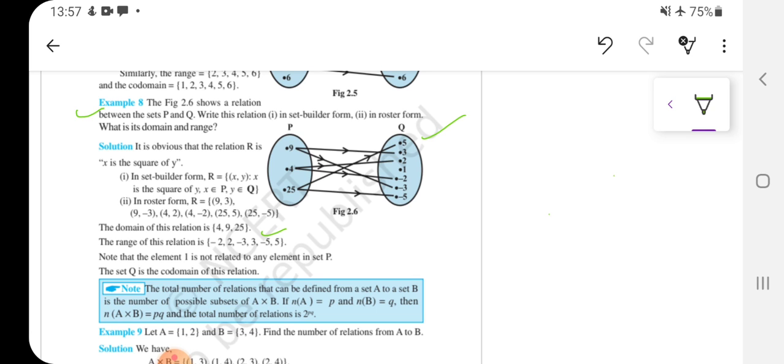As you can see, 5 is linked, 3 is linked, 2 is linked, 1 is not linked, -2 is linked, -3 is linked, and -5 is linked. So except 1, all the elements are linked. So all these elements when collected in one set, that will be our range set, right? Range means those elements which are linked. So this is the set of range.